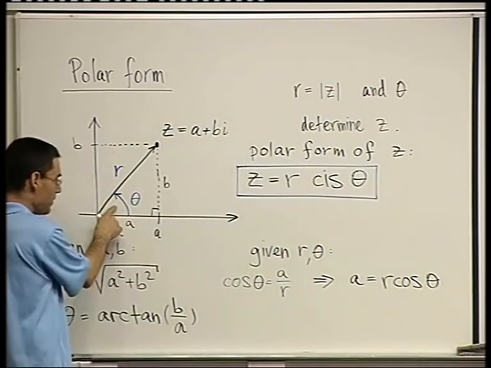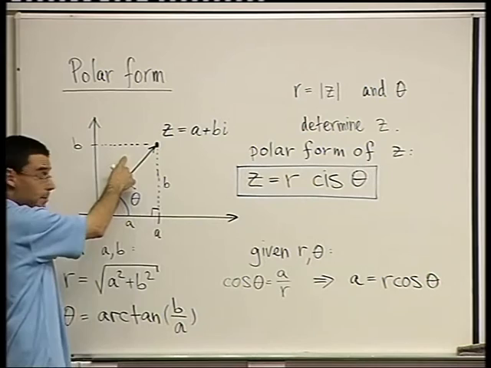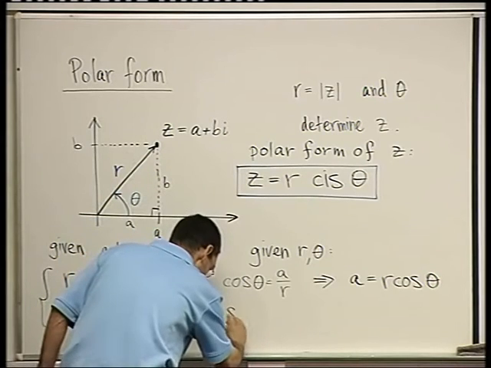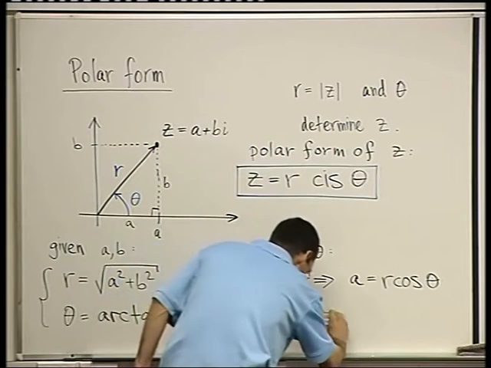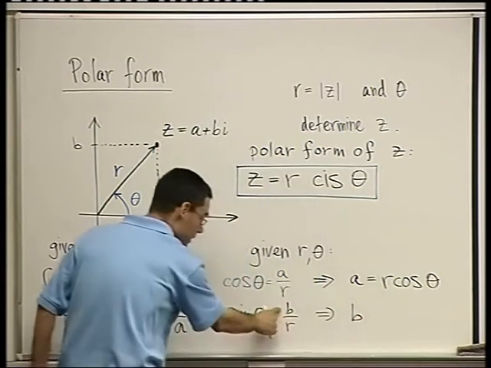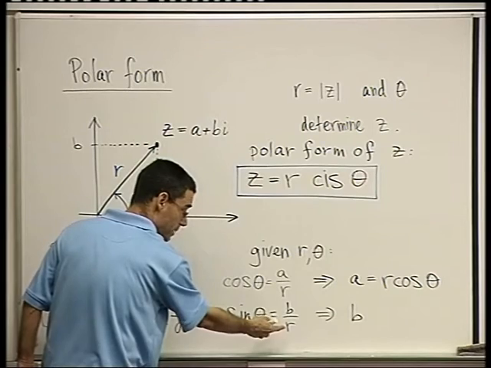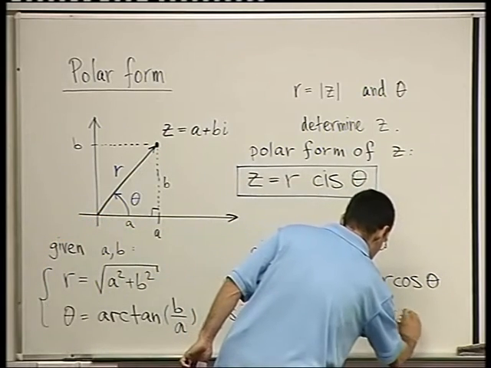And the sine of theta is opposite over hypotenuse, is b over r. Sine of theta equals b over r, which implies that, multiplying both sides by r, b equals r sine of theta.